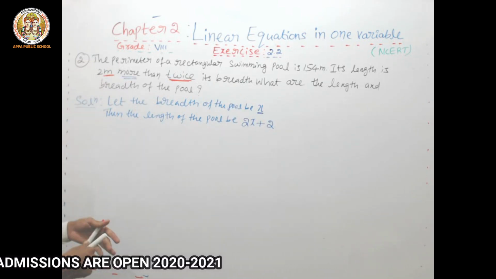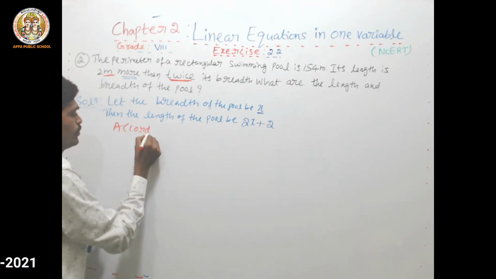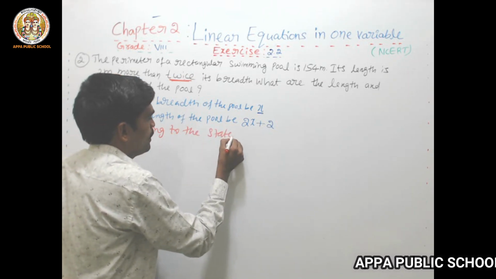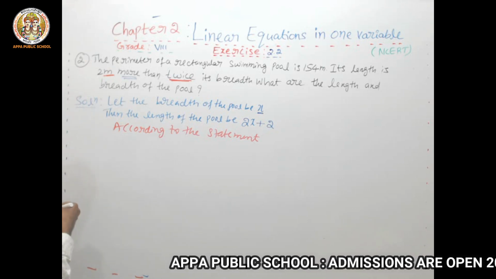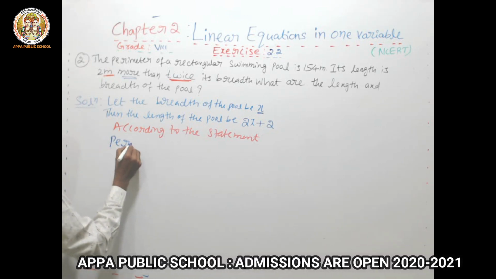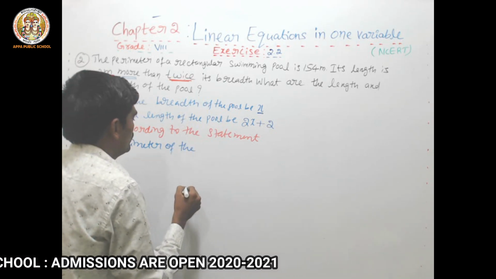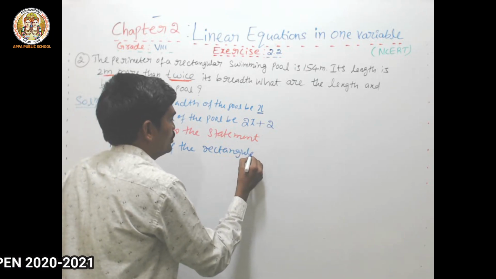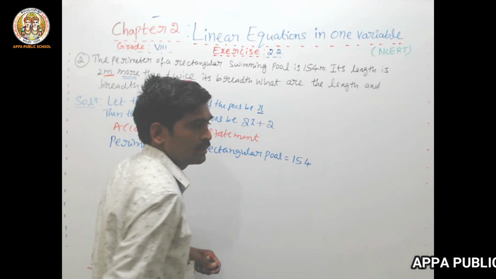Now, according to this statement, the perimeter of the swimming pool is given. Perimeter of the rectangular pool is equal to 154, the given.